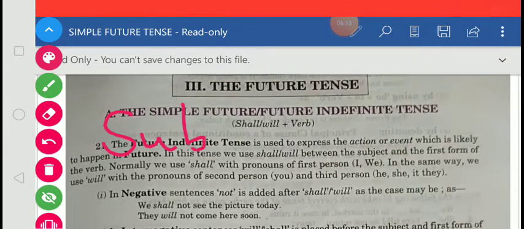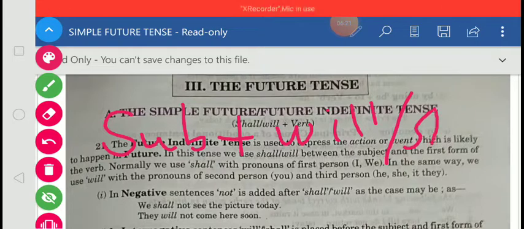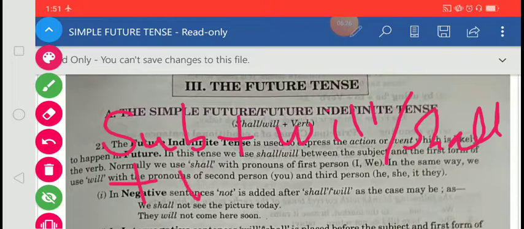Subject, then helping verb will or shall, then first form of the verb, then object. So this is the structure of affirmative. In negative we write not after will or shall: subject plus will, shall plus not plus first form of the verb plus object.